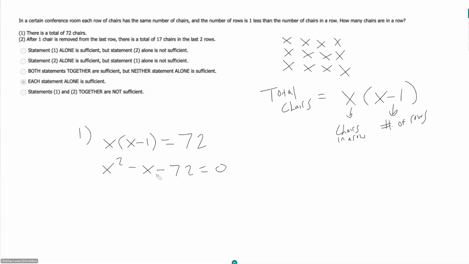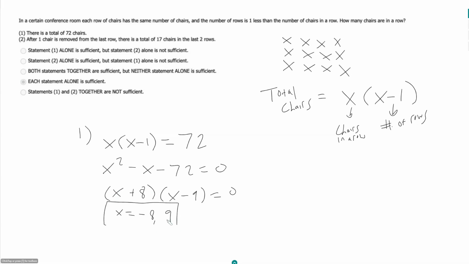So we get x squared minus x minus 72 is equal to 0. We can factor this into x plus 8 and then x minus 9 is equal to 0. So x has to be equal to negative 8 or 9.